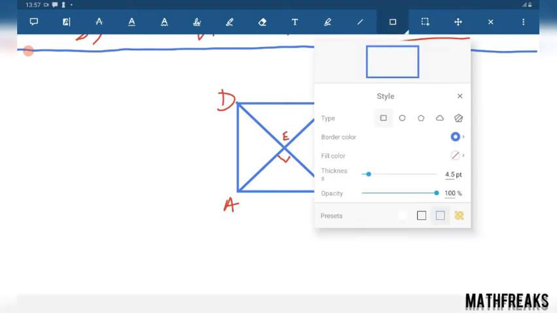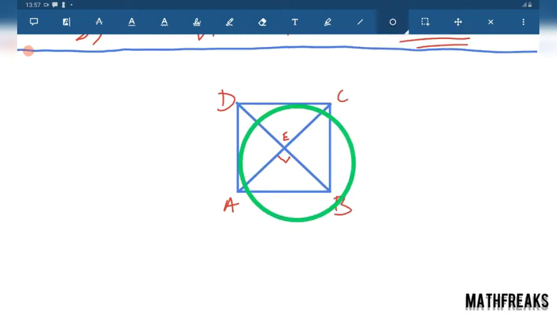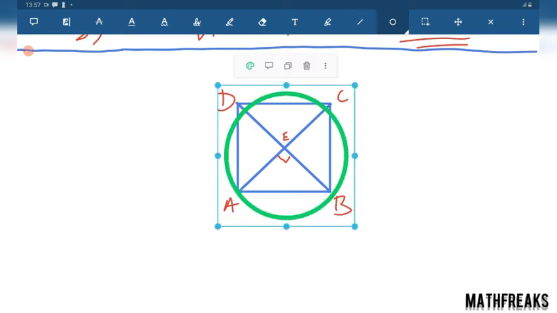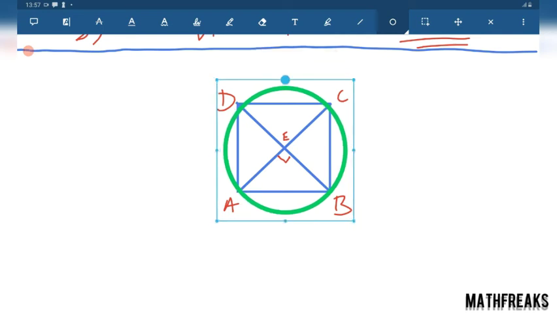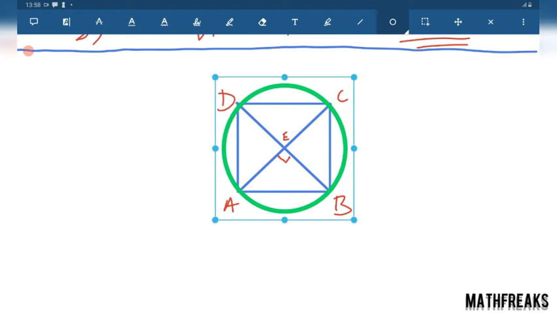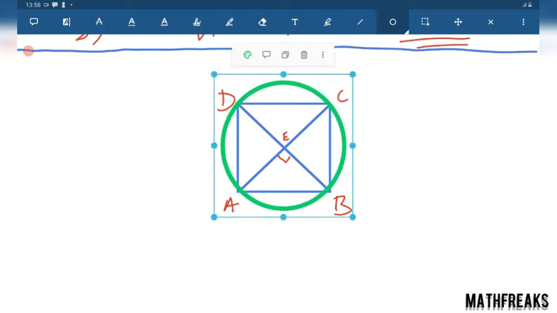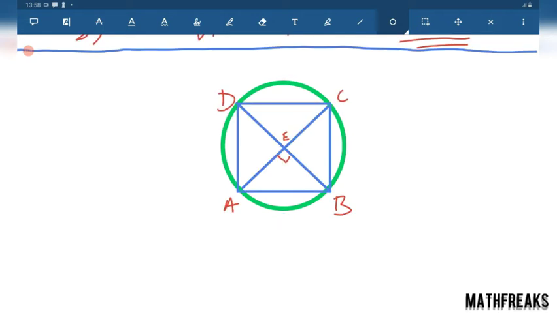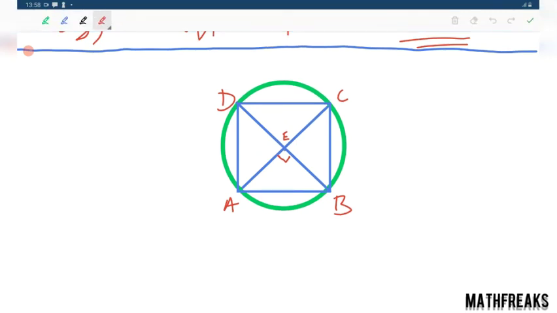Now we all know that if a square is inscribed in a circle, its diagonal will be the diameter, so half of it will be R. So EA square plus EB square plus EC square plus ED square, I am writing for short sigma, will be 4 times R square.